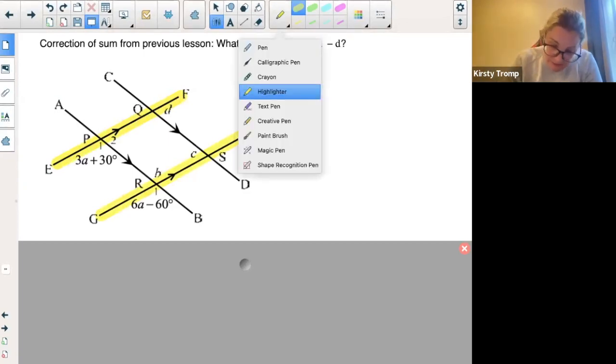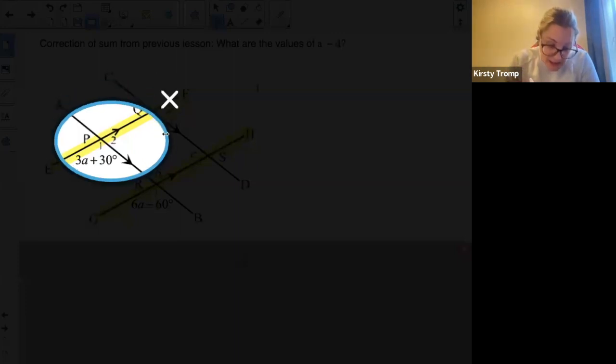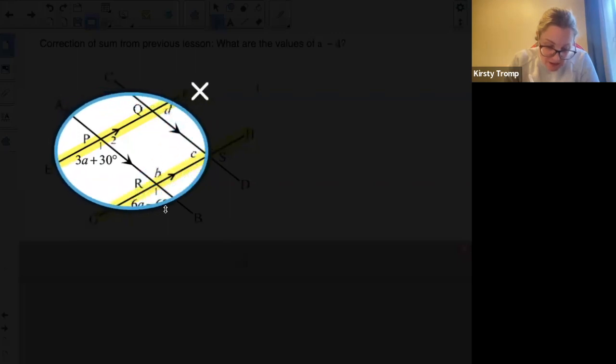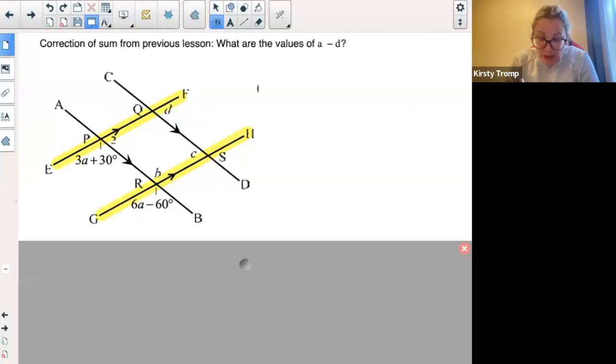Well, guys, I'm going to use my magic pen to show you very quickly. Whenever you see a symbol that looks like that, with a little arrow on it, that means that line is parallel to the one that has the same number of arrows on it. So there we go, we've got one set of parallel lines.